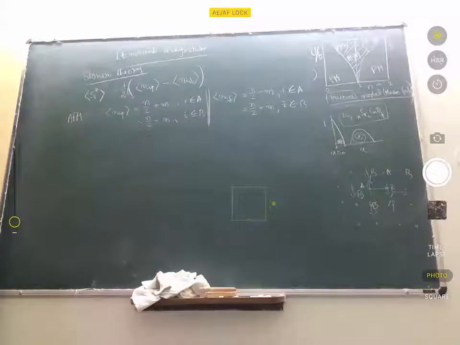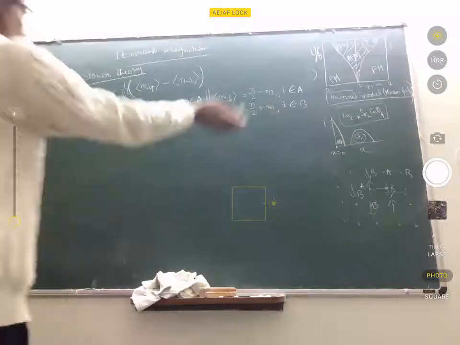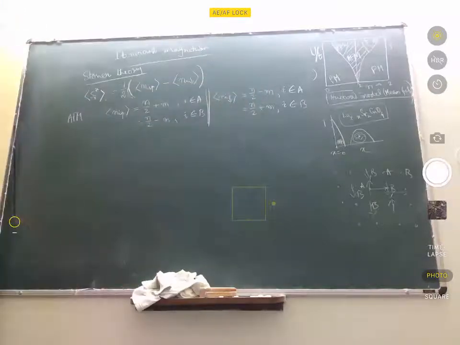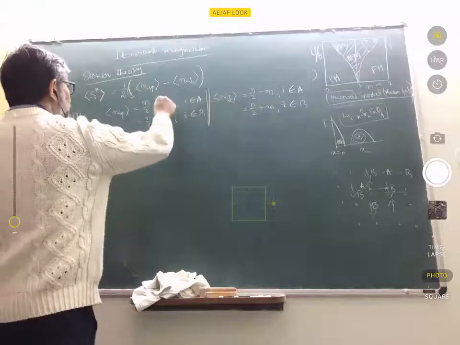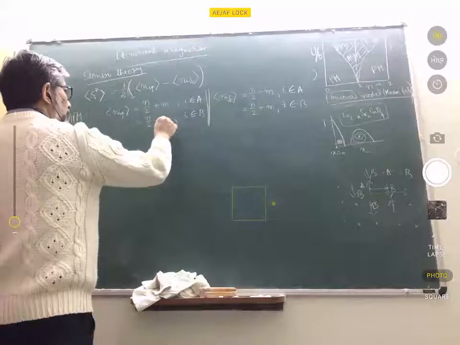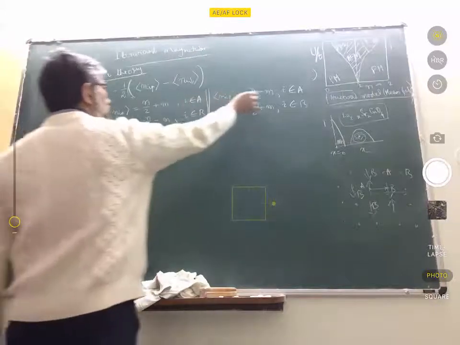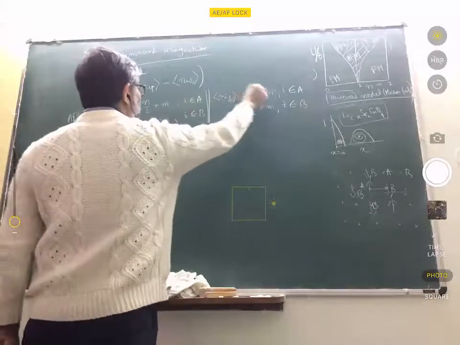And so if the occupation is n by 2, you have an exactly balanced system, an equal number of up and down spin electrons on each side. But now there is an imbalance. On the A sublattice sites, you have more up spins than down spins.